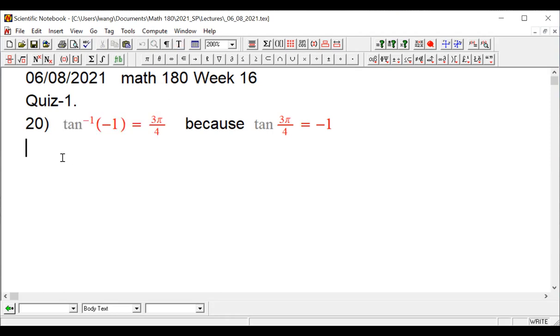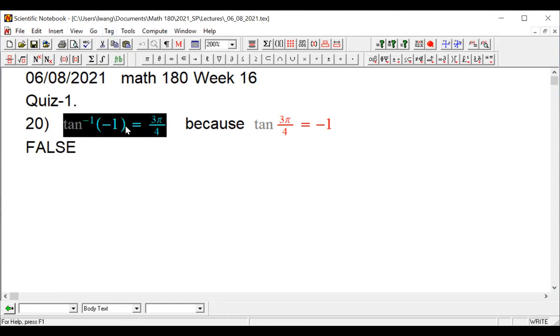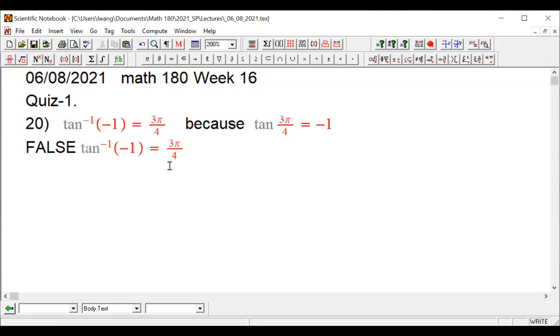We have several powerful reasons. First of all, this is false. Common mistake. Why?